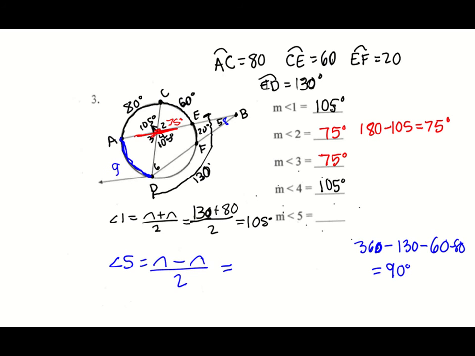So AD is 90 here, and I know EF is 20. So I can plug in my arcs, 90 minus 20, divide by 2. 70 divided by 2 is 35. So my angle 5 is 35 degrees.